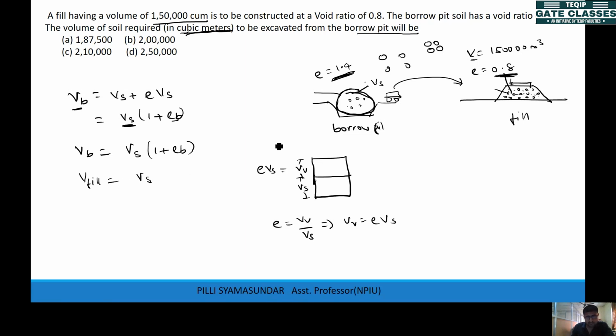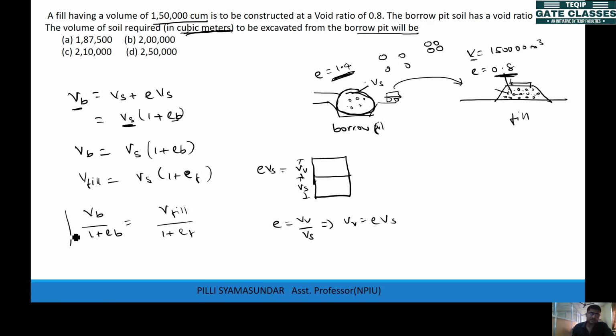Volume of solids is the same, so the same soil that you have excavated here is filling here, so the solids volume is not changing, right? Times (1 plus e fill). So Vb by (1 plus eb) is equal to V fill by (1 plus e fill).